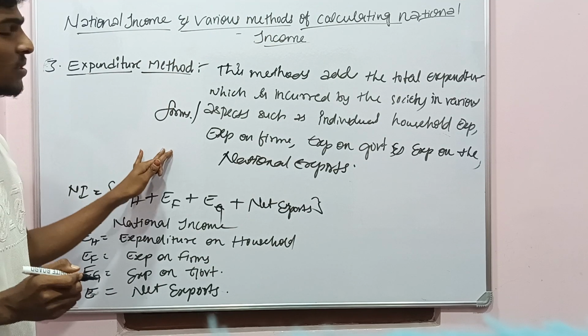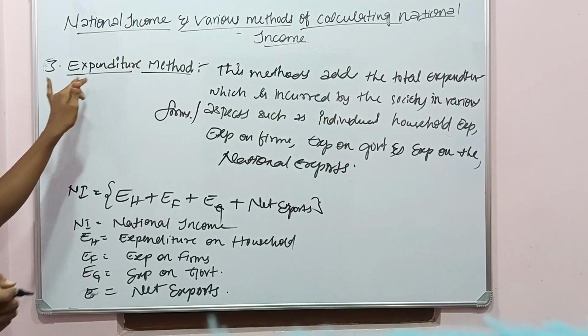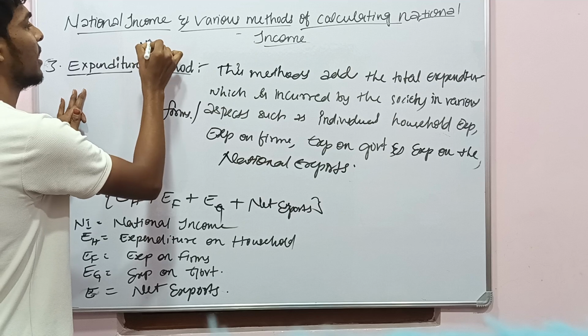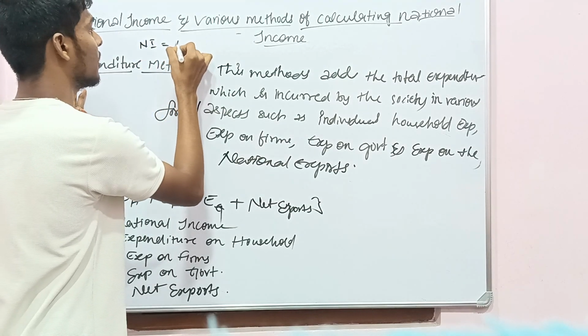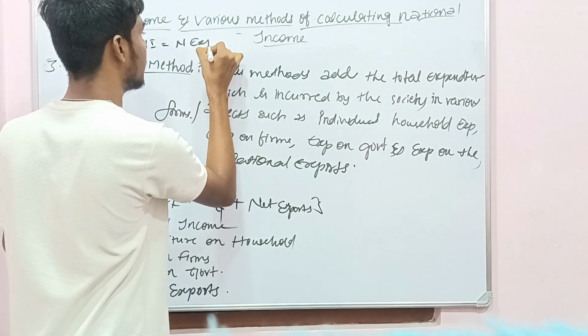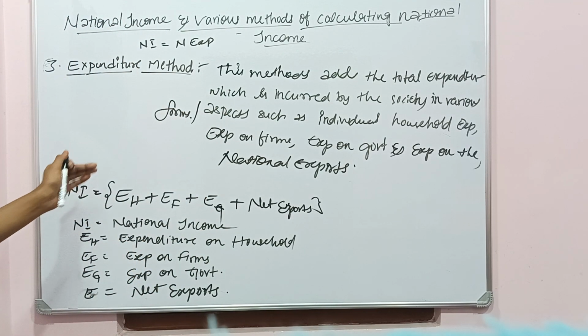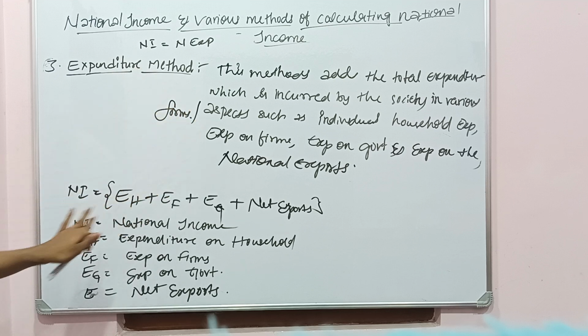This method assumes that the national income is equal to the national expenditure. These are the various methods of calculating the national income.